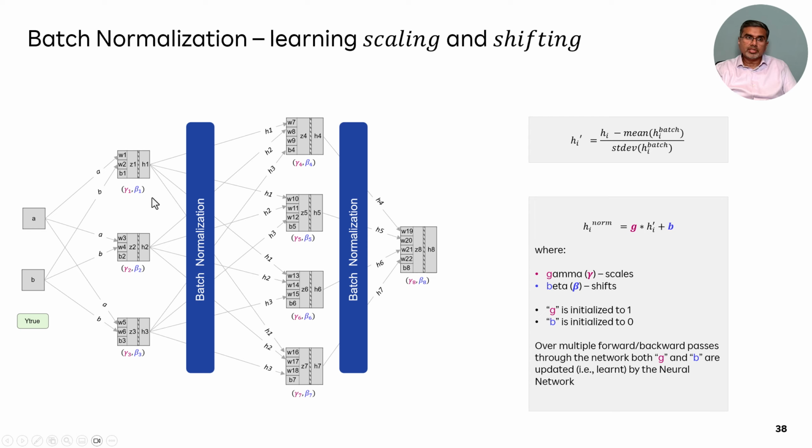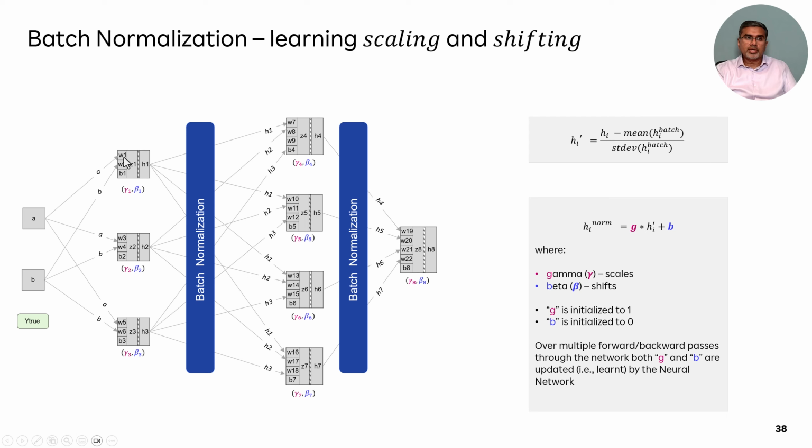When you initialize gamma to 1 and beta to 0, this one starts off with your standard normalization, centering around a mean of 0 and standard deviation of 1. And over time, you would like to figure out the changes, right? You start there, and now let the neural network learn.